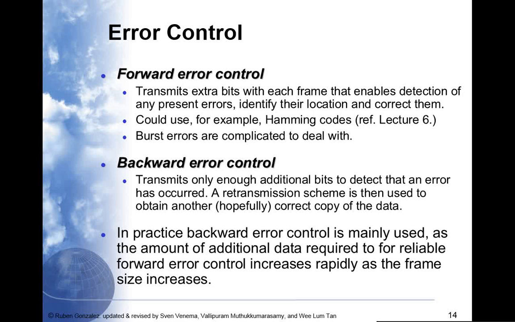It's expensive to send enough information to be able to fix things, and then when you get it, you first have to detect the error and then try to fix it. It's just easier in general to resend it. There may be some applications where you do want to send extra error information, but in general, it'll be backward error control.